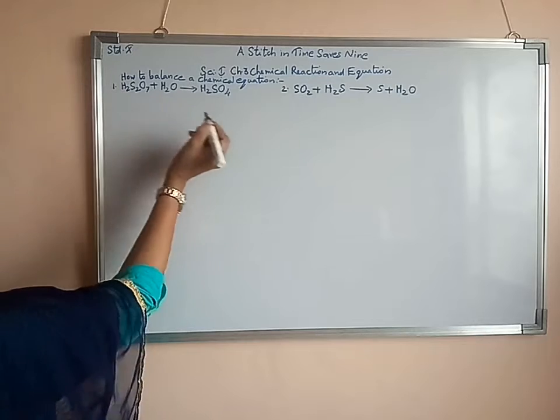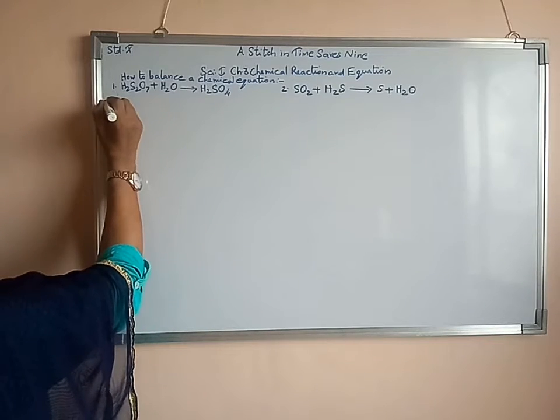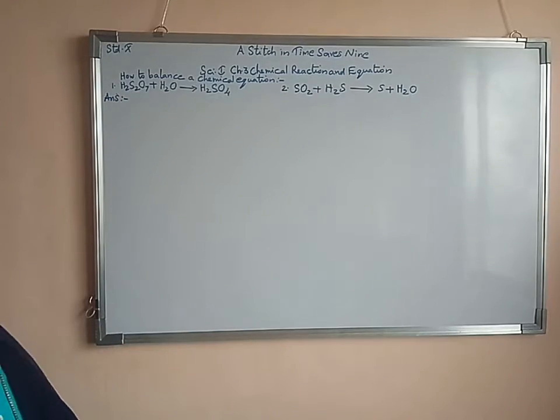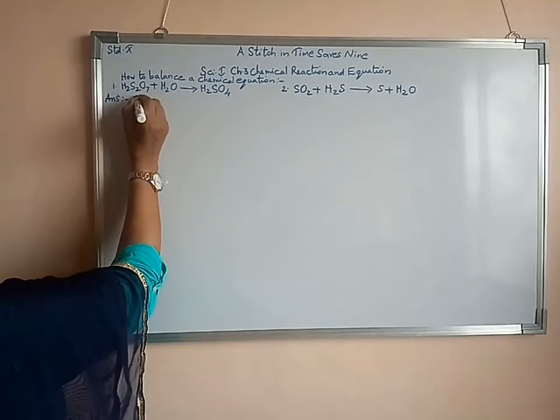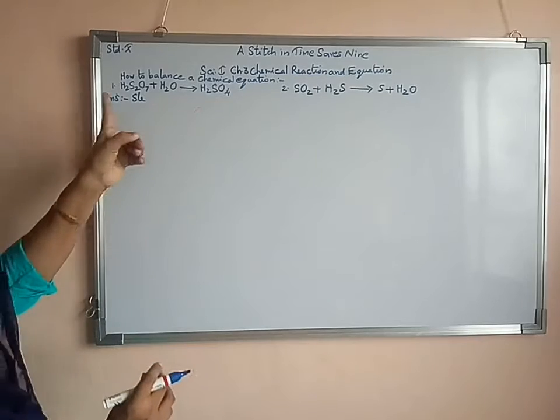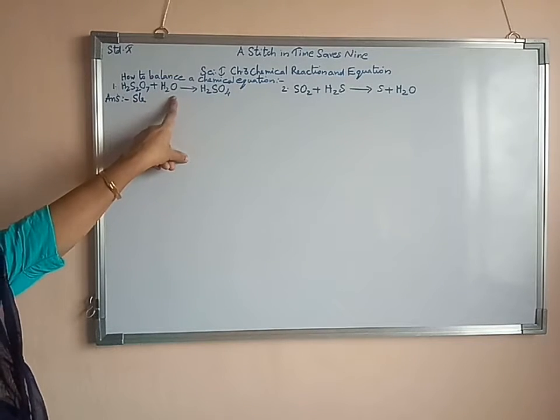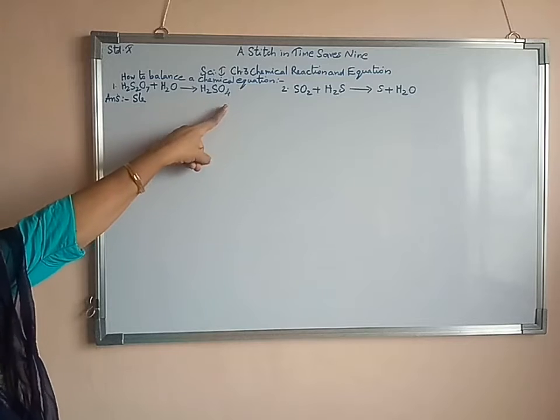For that, we have to write different steps. Now, first I am starting to solve the equation. So step 1. What is the question here? H2S2O7 plus H2O gives rise to H2SO4.